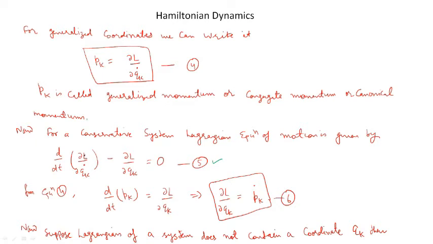So if we put here del L over del qk dot is equal to pk, then our equation becomes d over dt of pk minus del L over del qk equal to 0, or we can write d over dt of pk is equal to del L over del qk. So it comes out to be del L over del qk is equal to pk dot. This is equation number 6. So these two are very important relations. One is that pk is equal to del L over del qk dot, and the other one is del L over del qk is equal to pk dot.